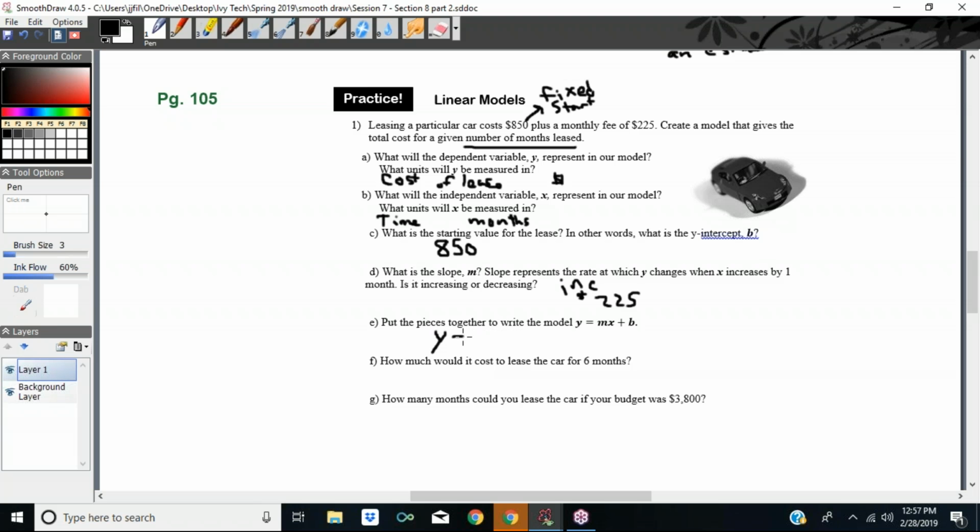Remember the Y and the X stay in there. Those are variables. So what comes after the equals sign? Put it in the chat box or say it out loud, either way.